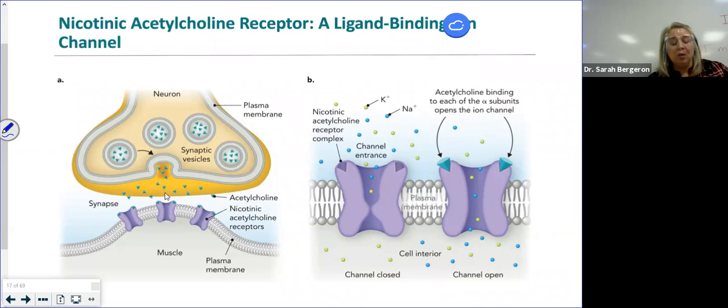So you have the acetylcholine that goes across, and when bound to our channel, now the channel's open. Do you see here where it was unbound? The channel's closed. But when it binds, the channel's now open. Now all these potassium and sodium ions can go through, and this is what activates muscle contraction.